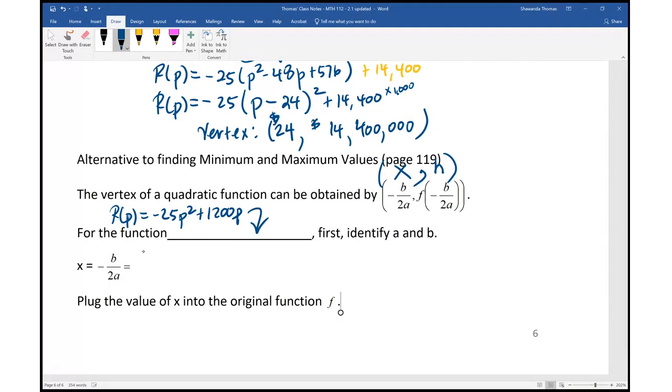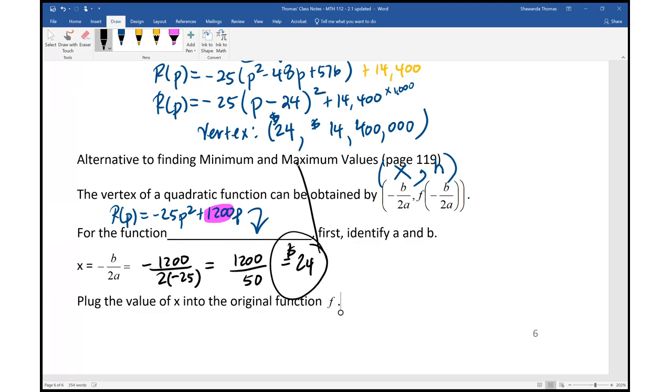All right, so in this case, our b is this, right? So that would be negative 1200 divided by 2 times a, which is negative 25, which is 1200 divided by 50, right? And we did this already. These numbers look familiar to us. That's 24. See how we got the 24 already? That's your first coordinate of the point HK.